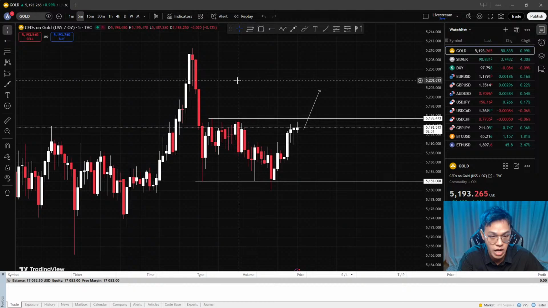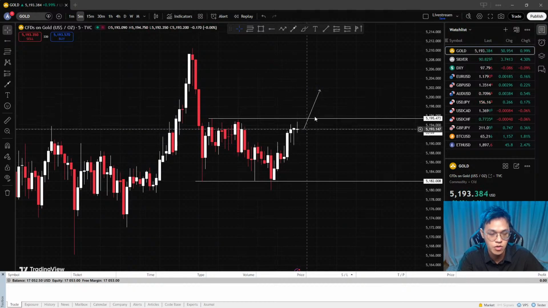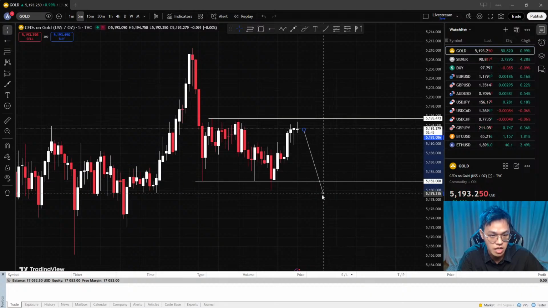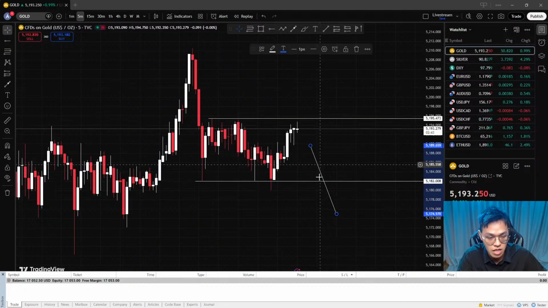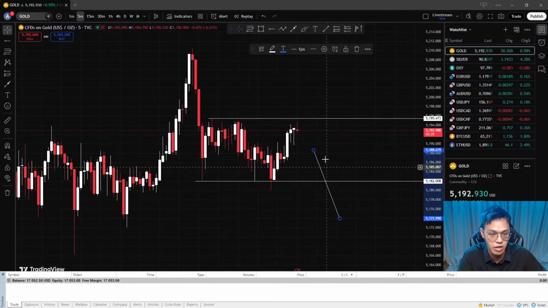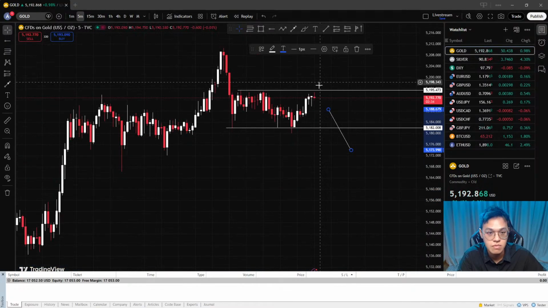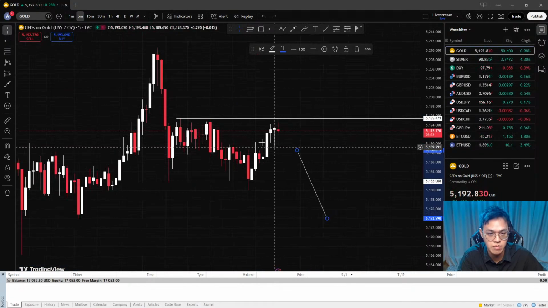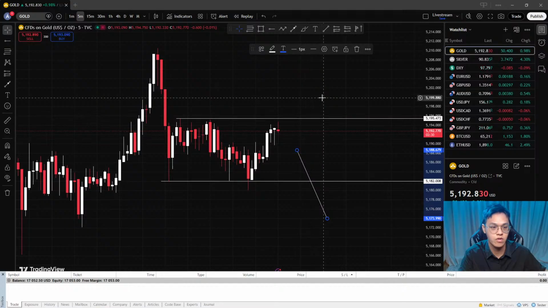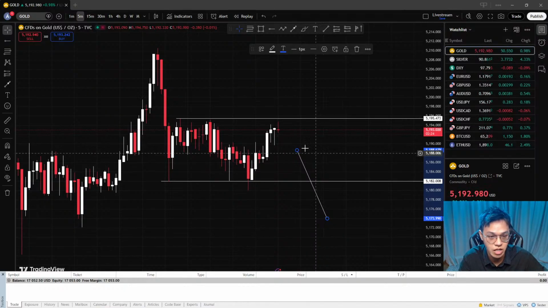Second, if the price breaks out this support level, then I would sell, because there is no continuation of the uptrend.